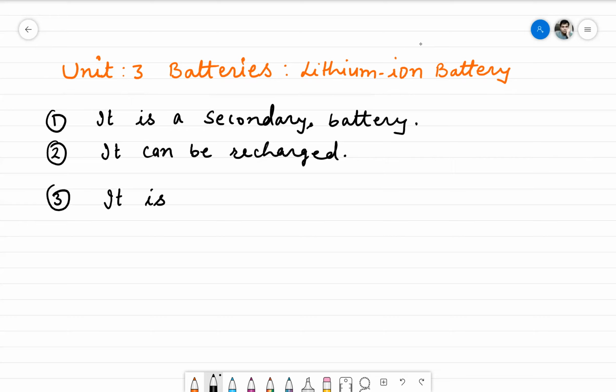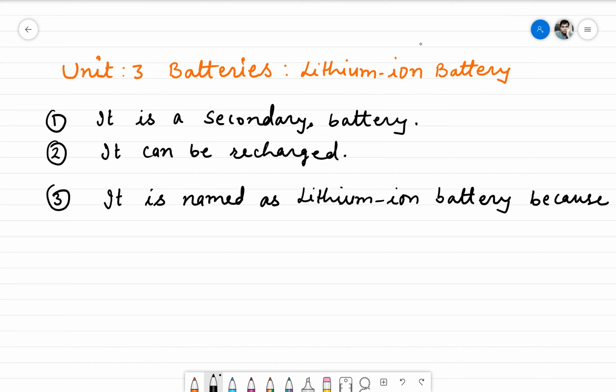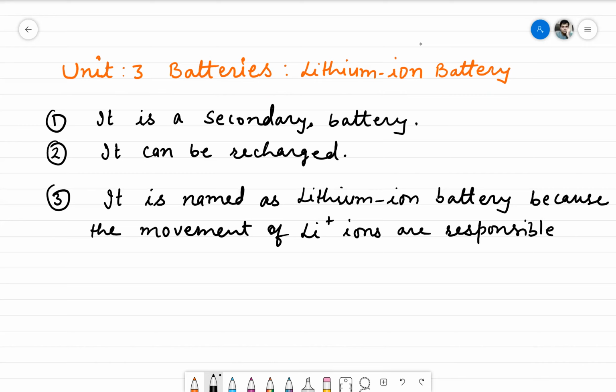It is named as lithium ion battery because the movement of lithium ions is responsible for its charging and discharging.